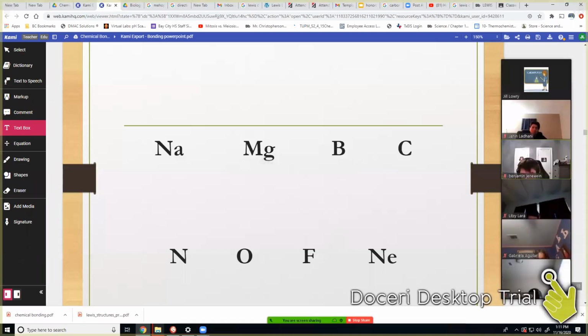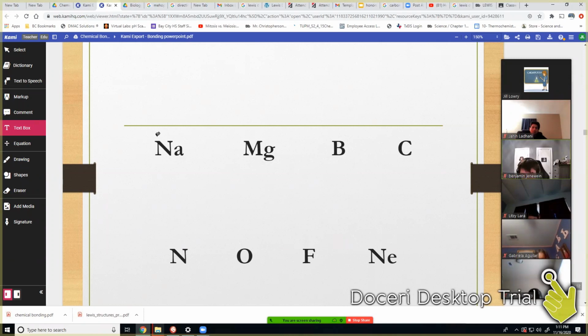All right. So here, these are just going from group 1 through group 18. Sodium is in group 1, so it has 1 valence electron. So that would be its Lewis dot. It doesn't matter what side you put that on. You just need to put 1 on each side before we double up. Magnesium is in group 2, so it has how many valence electrons? 2.